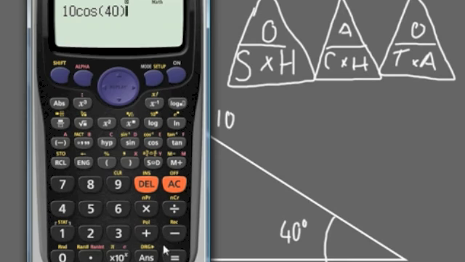That will give us the adjacent. See, if you do that, 7.6, it's no different to the following, using the brackets or not using them. When you're multiplying, you're just saying 10 lots of that. And in the same way, if you'd written it like so, same answer. So hopefully that's given you some insight into the basic functions on the calculator.